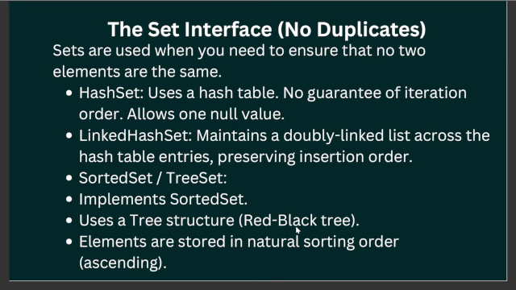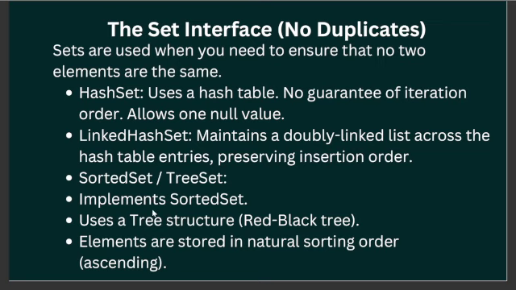The next topic is the Set interface, which does not allow duplicates. So now let's move to Set. Set does not allow duplicate values. Sets are used when you need to ensure that no two elements are the same. We have multiple types of set: HashSet, LinkedHashSet, SortedSet or TreeSet, as well as implementations of SortedSet.